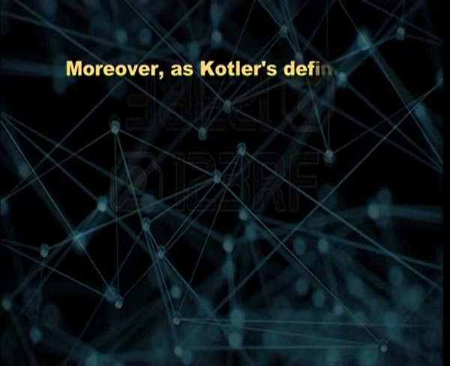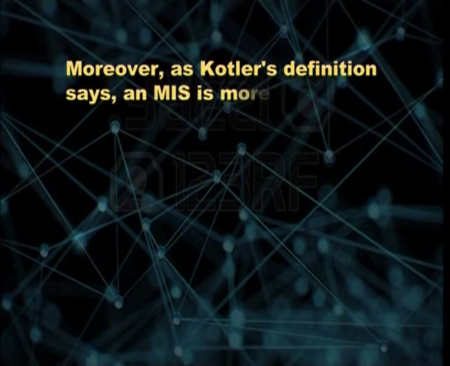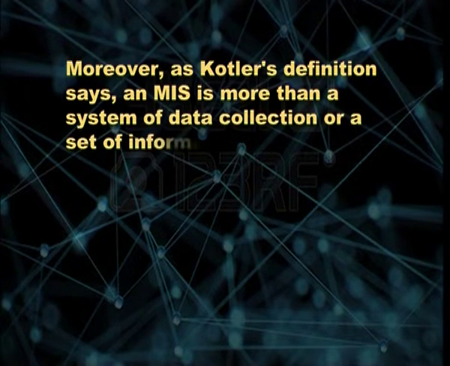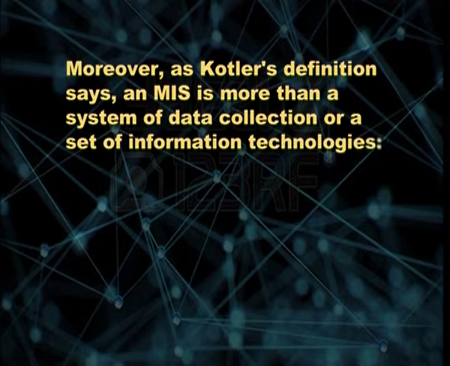An MIS is more than raw data or information suitable for the purposes of decision making. An MIS also provides methods for interpreting the information the MIS provides. Moreover, as Kotler's definition says, an MIS is more than a system of data collection or a set of information technologies.